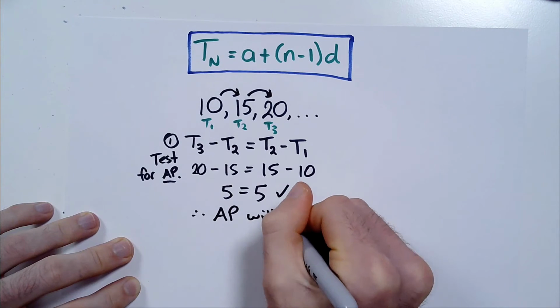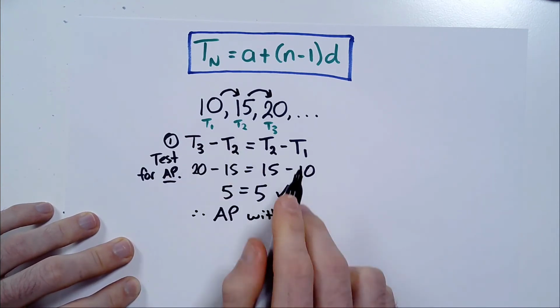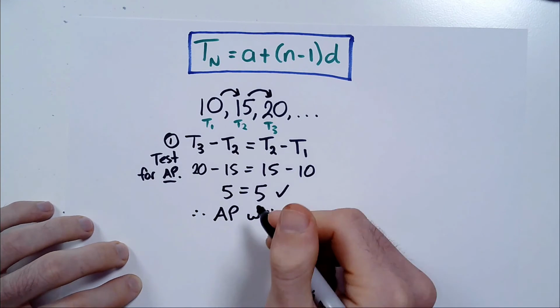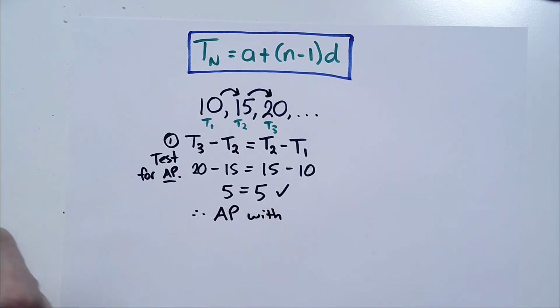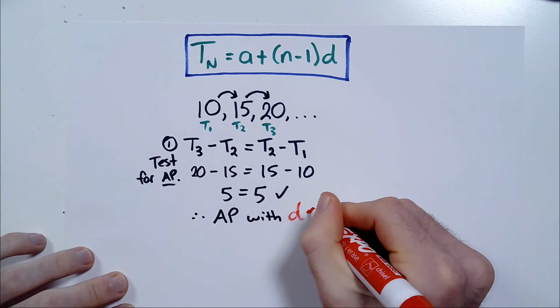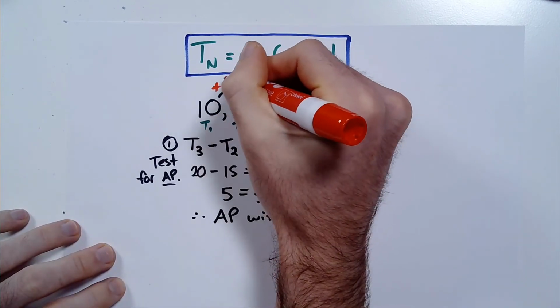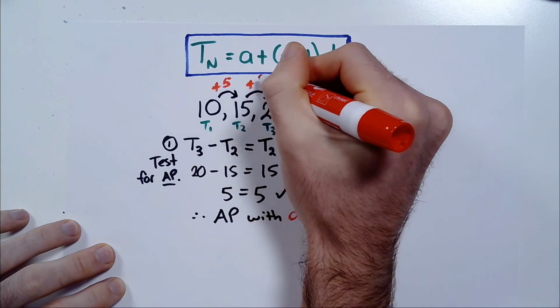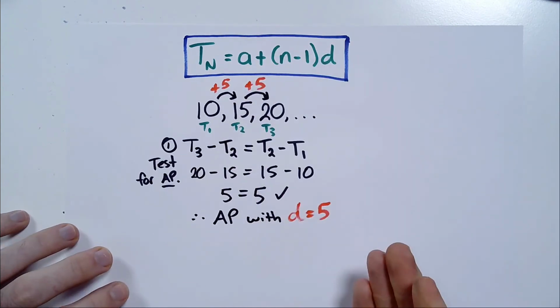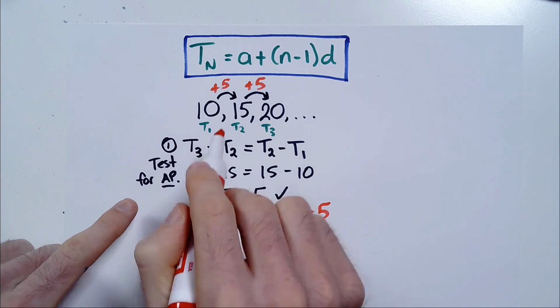And we also know from looking at the difference there that the common difference, which we call D, D equals 5. Because you can see here that each time we go to the next number, we are going up by 5. So this is different to a GP where the numbers multiply by the same number each time.